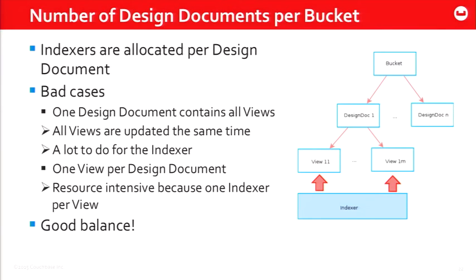On the other hand, you should not do exactly the opposite. So don't create one design document per view. Find something usable in the middle, right? It basically depends on your use case and your performance requirements what the right way is here.